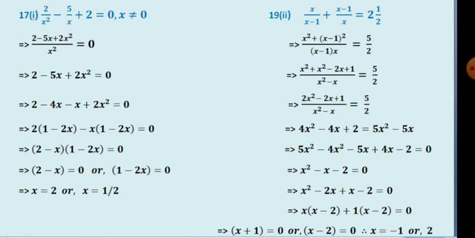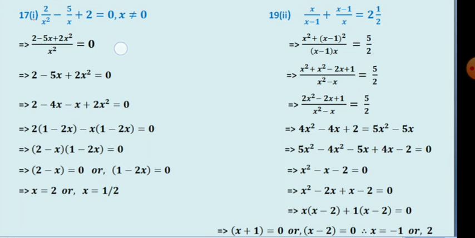Question number 17. 2 divided by x squared minus 5 by x plus 2 equals to 0. Now see, this is not the standard form of a quadratic equation. So what we'll do over here is take the LCM, that is x squared. So taking x squared as the LCM on the left hand side, we'll have 2 minus, here x is the denominator for the second term, so we will multiply x in the numerator and denominator to make it x squared.